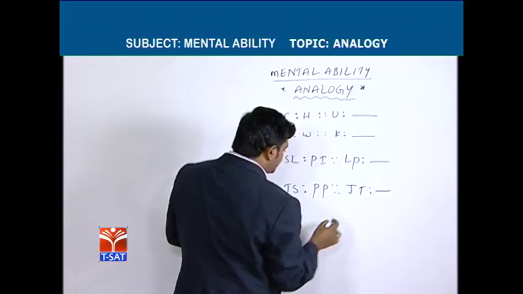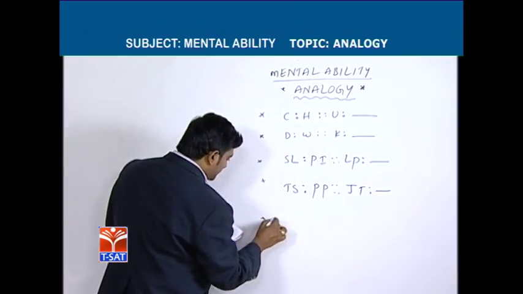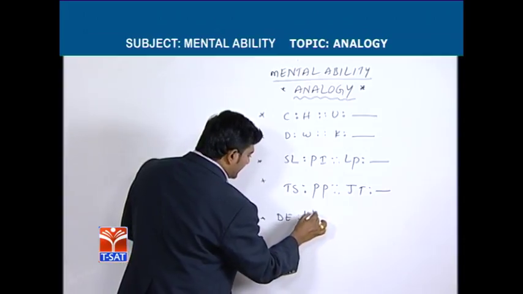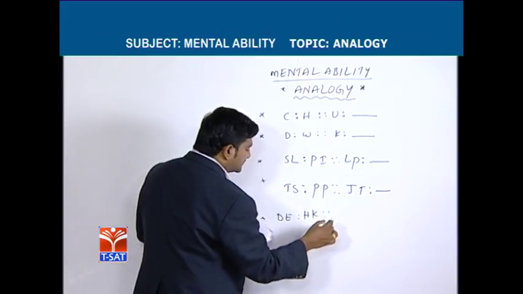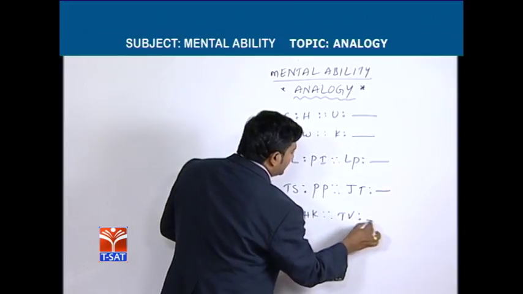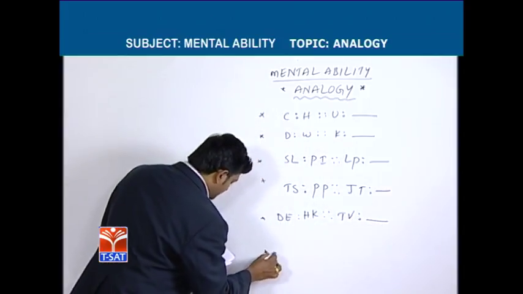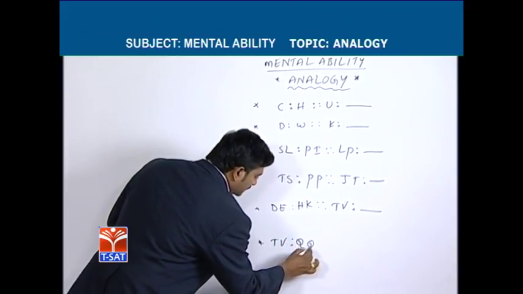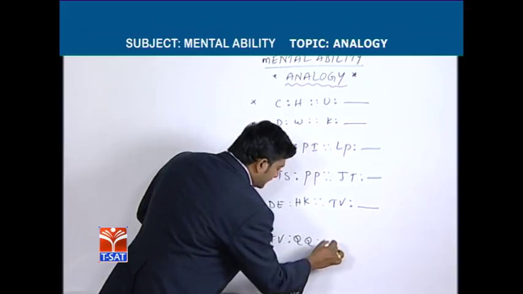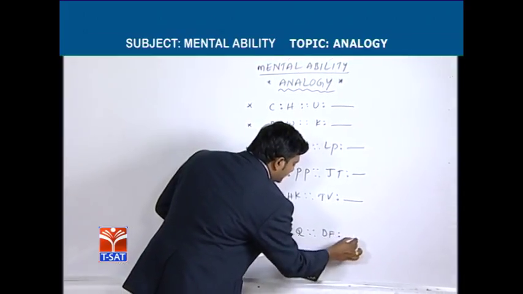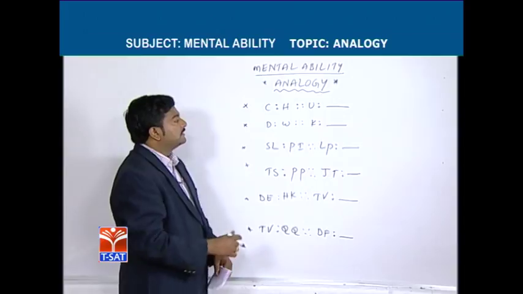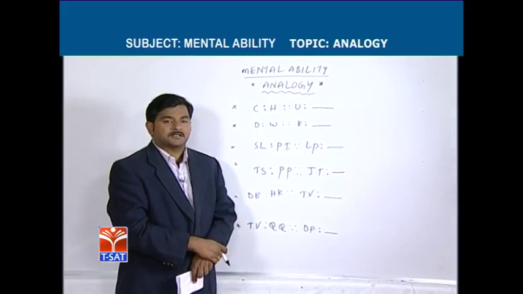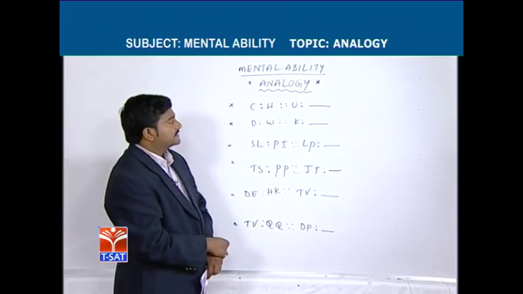Now D E is to H K as T V is to dash. Similarly T V is to Q Q as D F is to dash. Okay. So these are some types of questions regarding letter analogy part. Now let us start by discussing one by one.